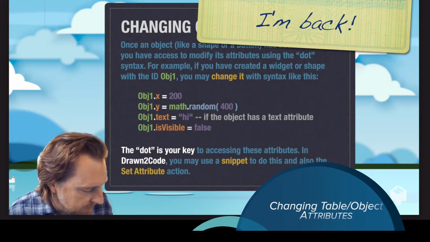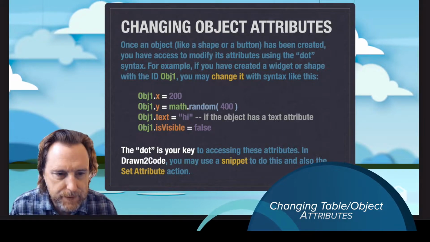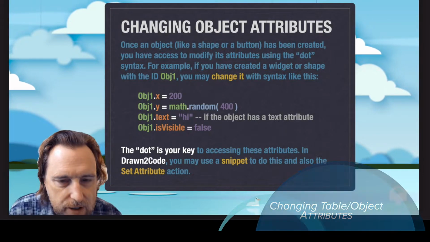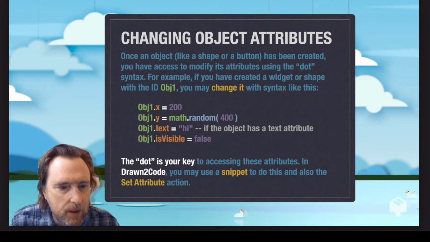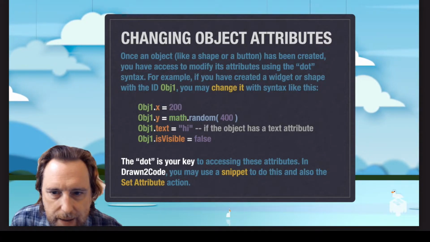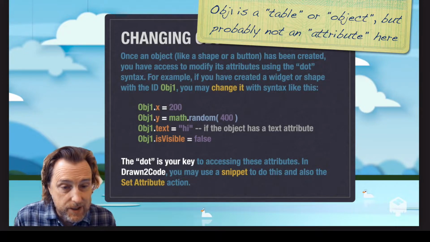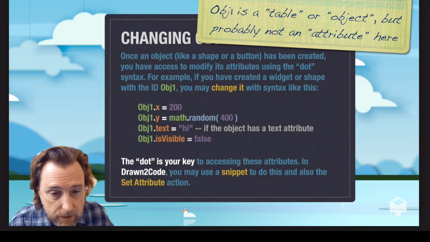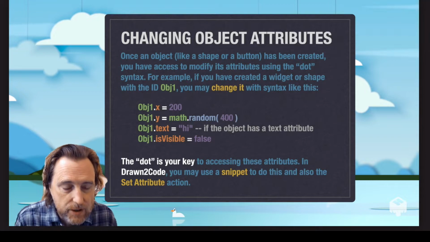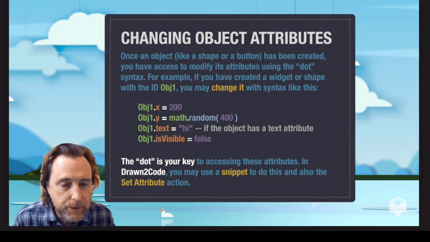All right, as an initial example, something we've already done a few times is using a dot to change an attribute on an object that exists. So if we had an object, object1, and we needed to change it, we could address it using the dot syntax and reach into it to change any attribute that's built in.